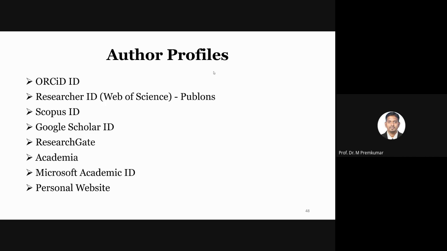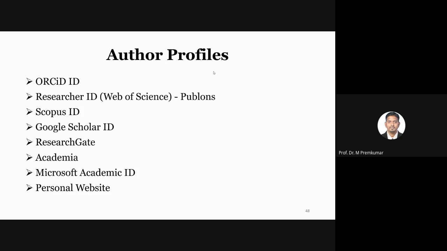Okay, and the Researcher ID or the Web of Science profile that you can create with the Publons site. Okay, and the next one is the Scopus ID. Just go to scopus.com. There you can create your Scopus profile, and for each author, if you have published at least one paper in Scopus, obviously one Scopus ID will be created for your profile. So that ID is also very important.